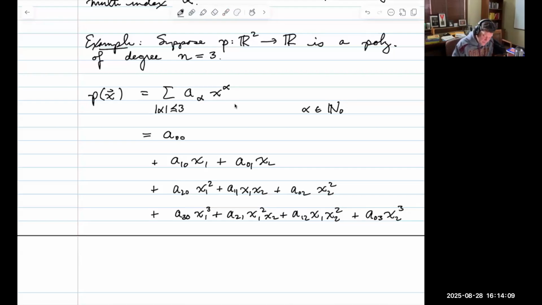And they're d-tuples, and so they're vectors, each component of which comes from N_0.